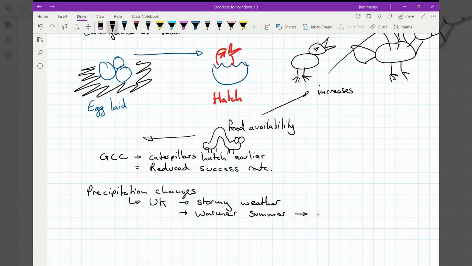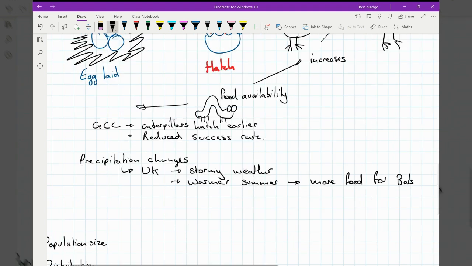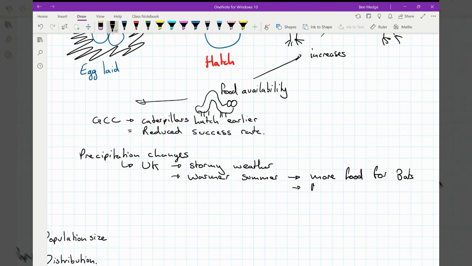Warmer summers mean more food for bats. Bats eat insects, especially flying insects, so things like moths and beetles.